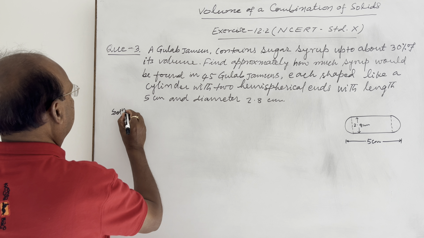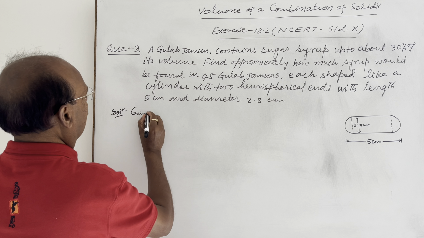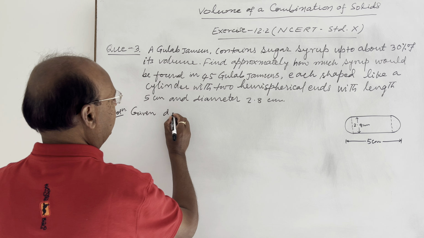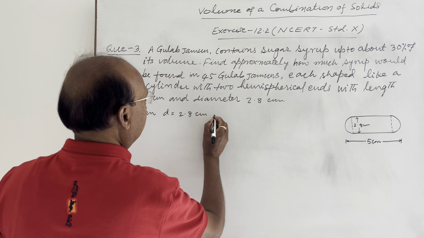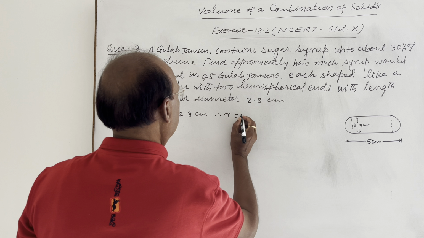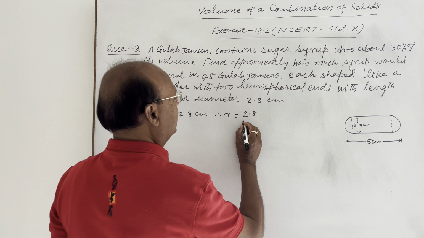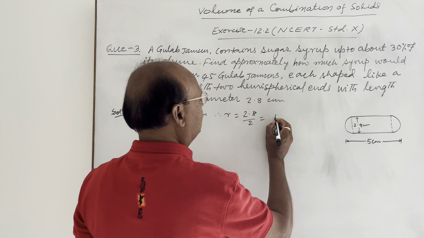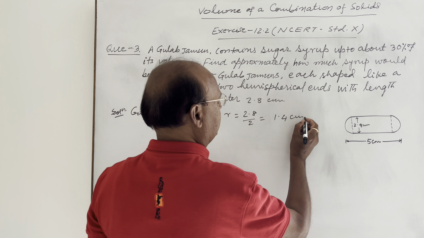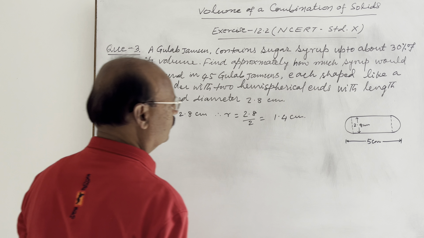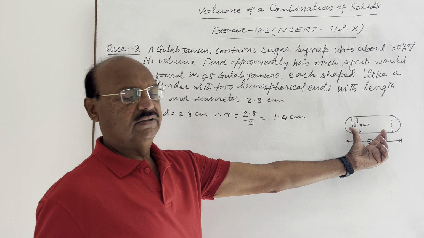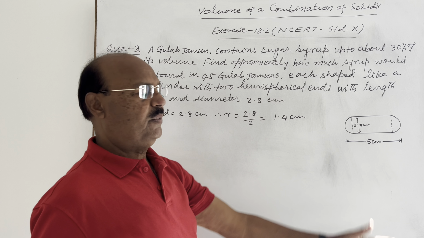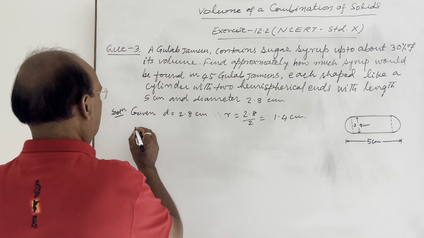What is given here? Given diameter is 2.8 centimeter and therefore radius is 2.8 by 2, this is equal to 1.4 centimeter. What will be the length of the cylindrical part of this gulab jamun?